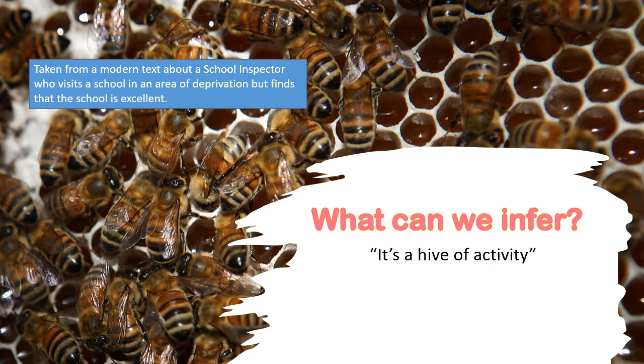I could also talk about the fact that in a hive everybody's got their own job, and it creates this sense that this school is really high functioning and really effective. So I've taken that quote, a hive of activity, and I've interpreted those things about the behaviour of the children because that's the focus of my question.